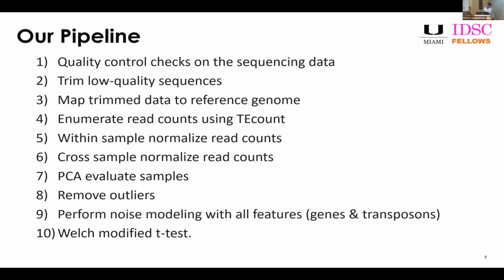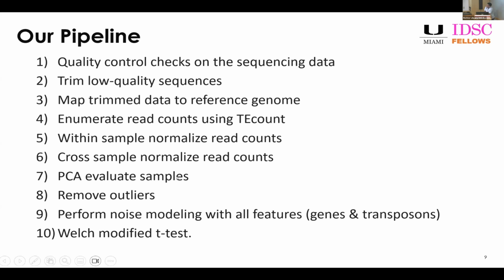So this was our general pipeline. First, we aimed to do some QC on the sequence data. Then we aimed to do some normalization, and we used the package that I mentioned earlier to identify as well as quantify counts of these transposable elements.